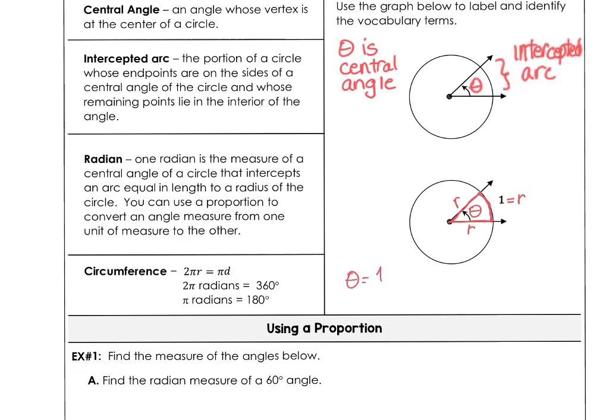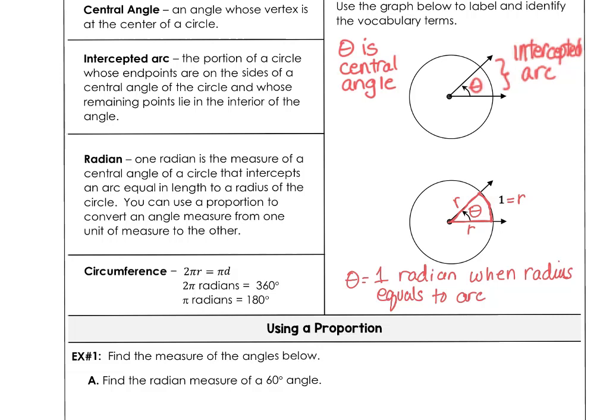Theta would represent 1 radian when the radius is equal to the arc. So when they're the same amount, that would be 1 radian.